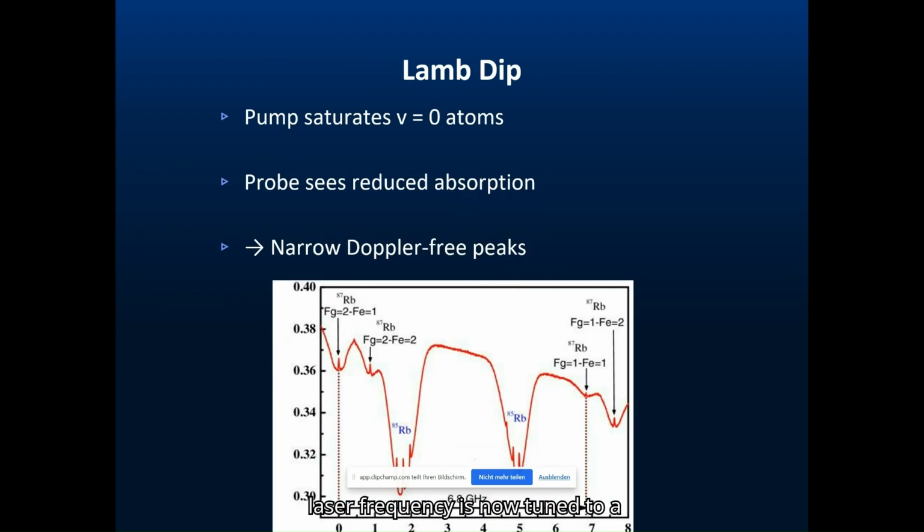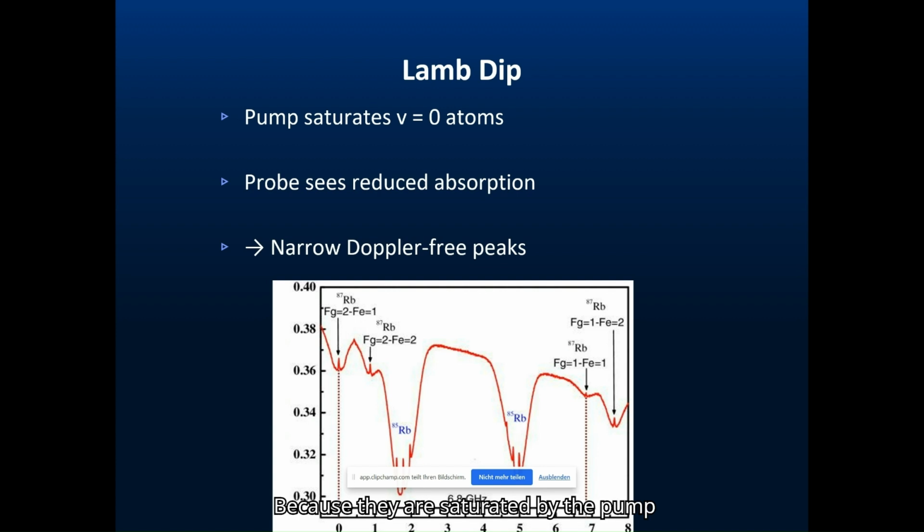When the laser frequency is now tuned to a real atomic resonance for atoms with a velocity of zero, the strong pump beam excites these atoms and saturates the transition. That means that many of them are in the excited state and cannot absorb another photon easily. The weak probe beam passes through the same group of atoms, from the opposite direction.